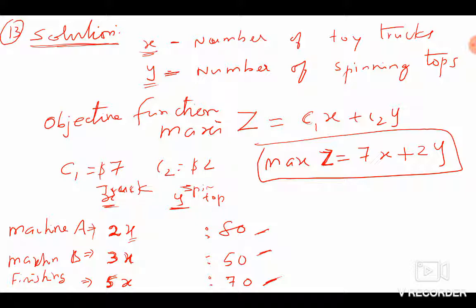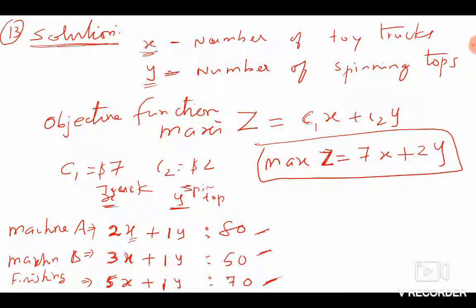In the similar way, you can write the second column, Y spinning top. Read the question in the textbook and check against that spinning top, second row. The row reads 1 hour for each. So 1 hour under machine A, 1 hour under machine B, 1 hour for finishing work. This is 1y, 1y, 1y.